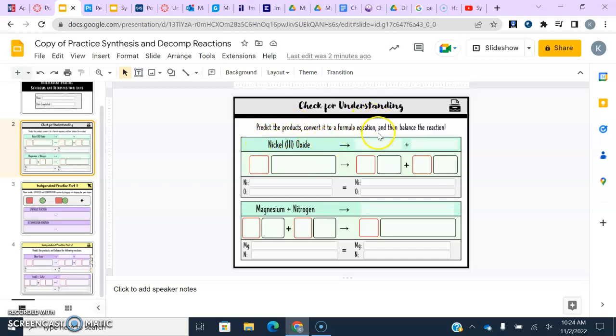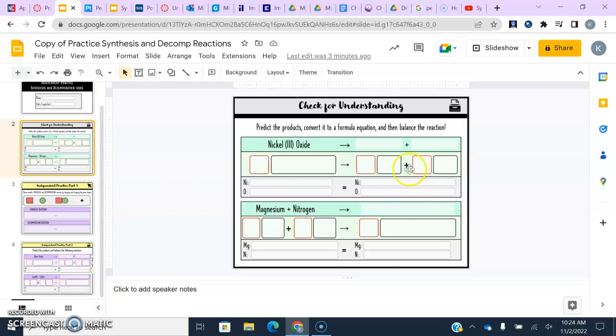And I see I have two things on my right-hand side, so this is showing me that this compound is breaking down into two smaller either elements or compounds. Now, for our purposes, we're only going to be doing elements. Okay, so your decompositions will decompose into elements.